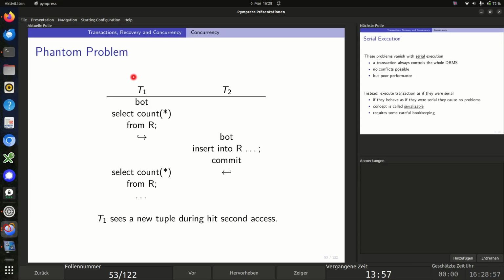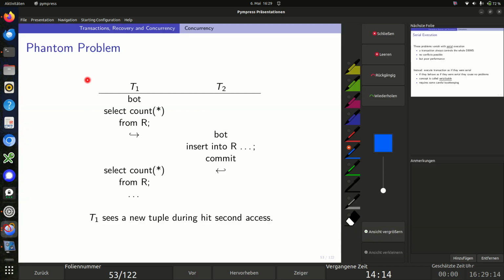Okay, last but not least, you have another problem which you cannot solve with locking, and that's the phantom problem. The idea is, you just count the number of tuples. For example, here is the R table, and we have 1, 2, 3.